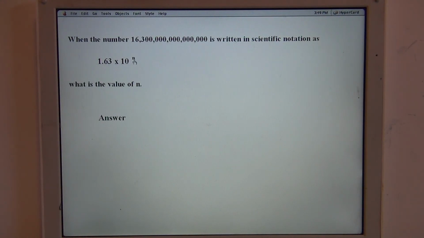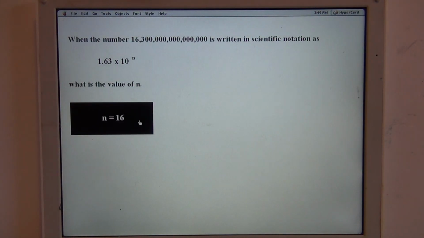What number is supposed to be n? Well, we know we just count every number after the decimal point. So we have 1, 2, 3, 4, 5, 6, 7, 8, 9, 10, 11, 12, 13, 14, 15, 16. So n should be 16.